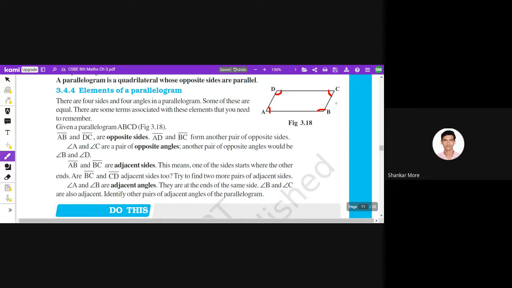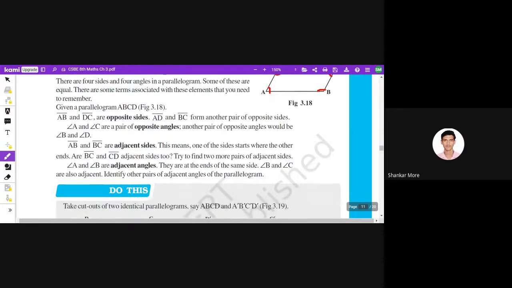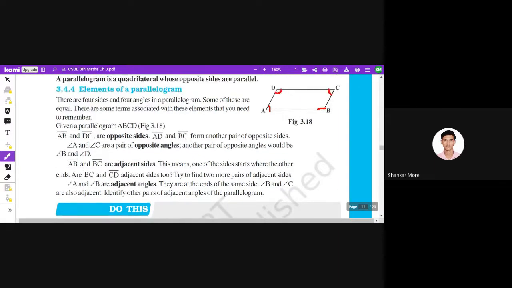These are adjacent sides. This means one of the sides starts where the other ends, and BC and CD are also adjacent. Now see, BC is this and CD is this. So try to find two more pairs of adjacent sides. So can you give me a pair of adjacent sides? The opposite angles are also equal. Okay, so can you give me another pair of adjacent sides? AB and DA. Okay, correct.